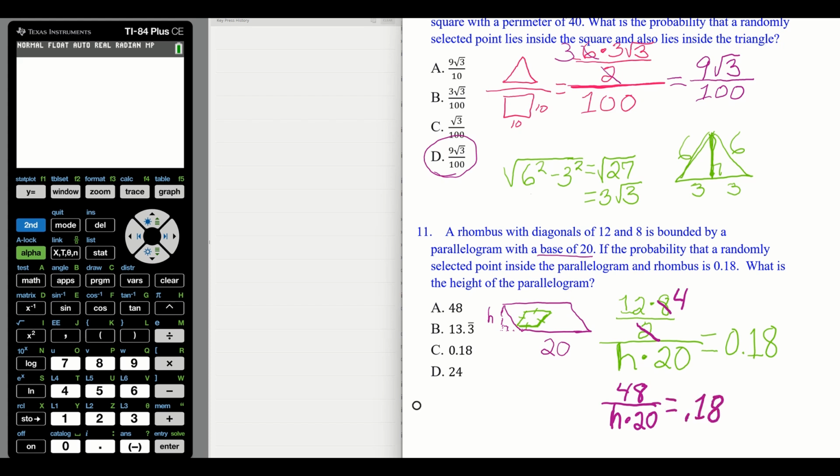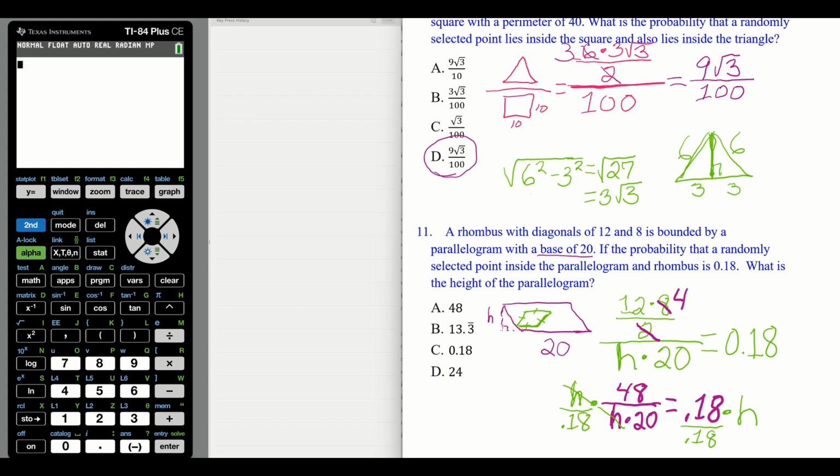So what do we need to do? I would multiply by H and divide by the 18%. The H's cancel, and divide by 0.18.